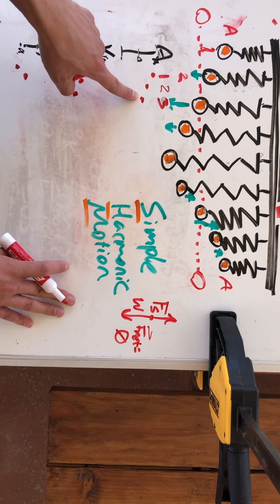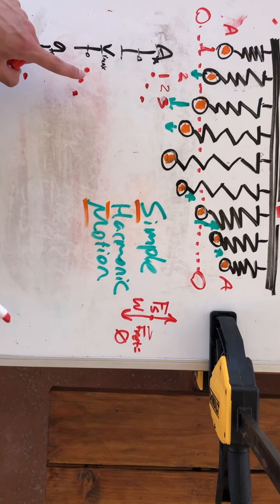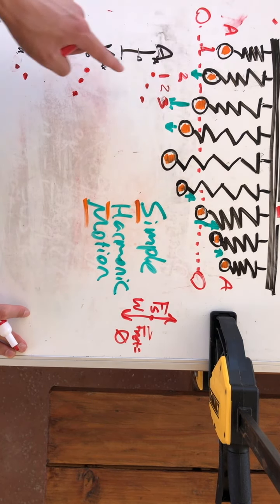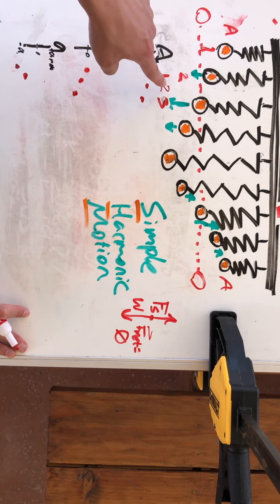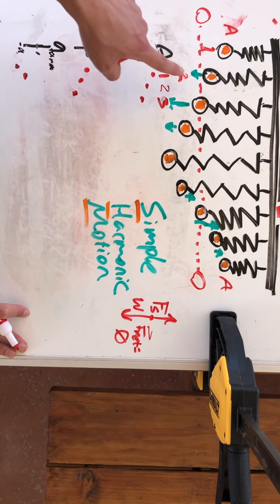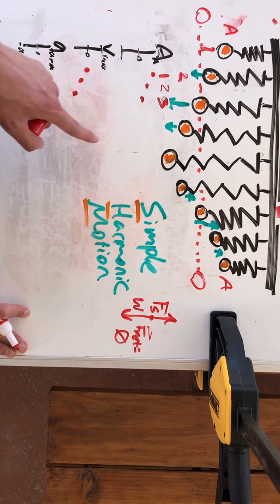So we were at 0 for this position graph. For velocity, at position 3, the spring has extended to its equilibrium length. That means it's at the maximum negative velocity. So the spring is given all the push it can give, and we've reached our V max, because once the spring starts extending past the equilibrium length, it's going to start pulling the other way.